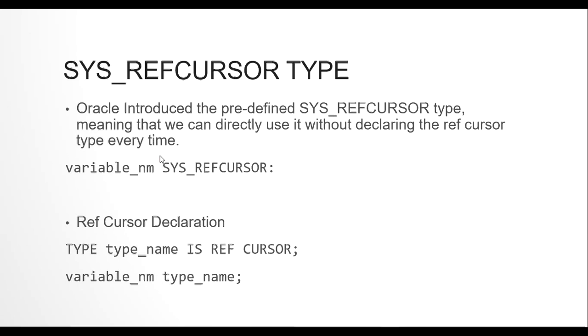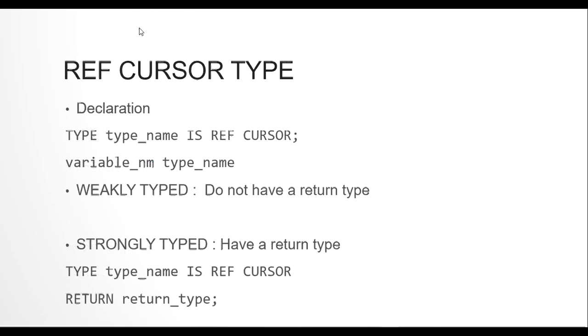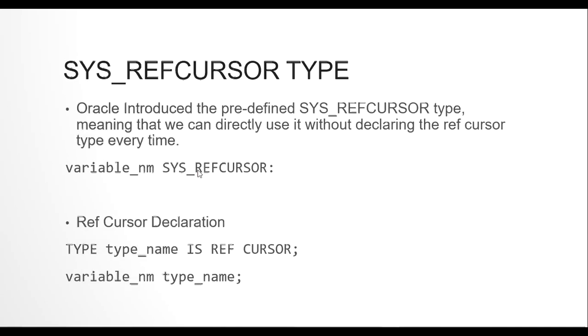Now from Oracle 9i we get something called a sys reference cursor type. People get confused between reference cursor and sys reference cursor. See, when you are working with the normal reference cursor type, you need to first declare a type and then the variable for that type, right? So Oracle just declared a type for us, which is known as sys reference cursor.